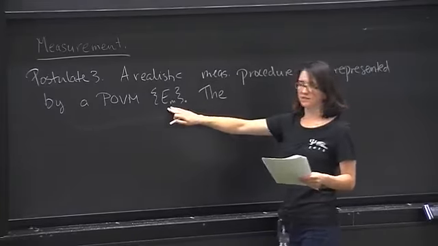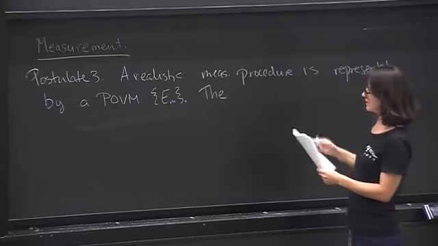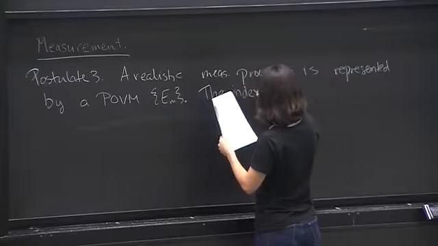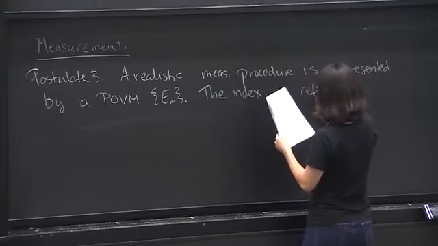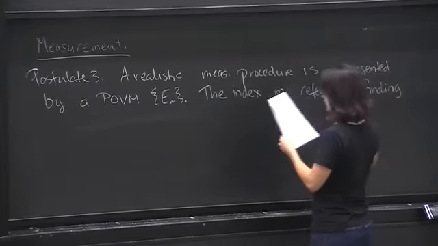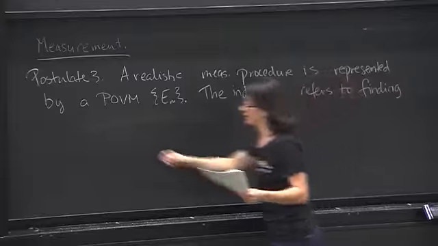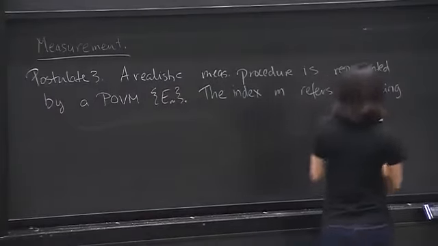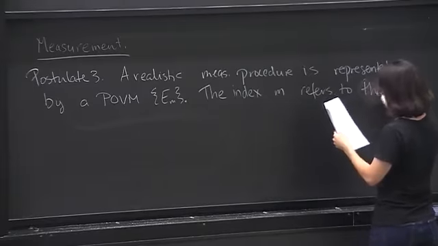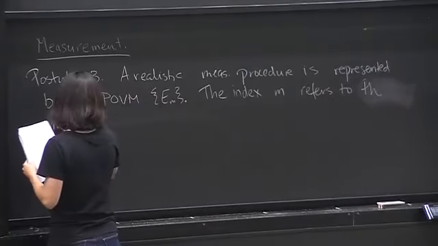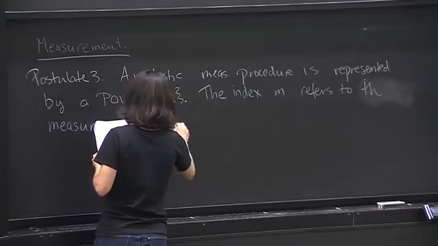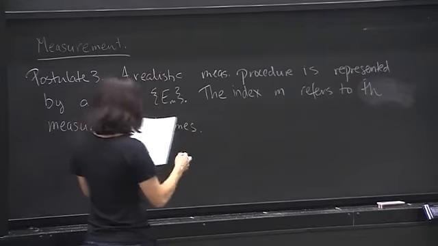So the POVM is a collection of operators with subscripts M, and this index M refers to the measurement outcomes that can occur in the experiment.